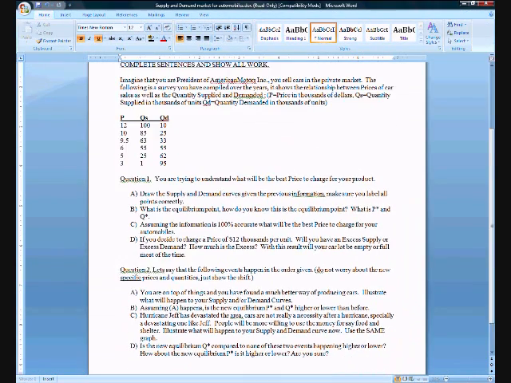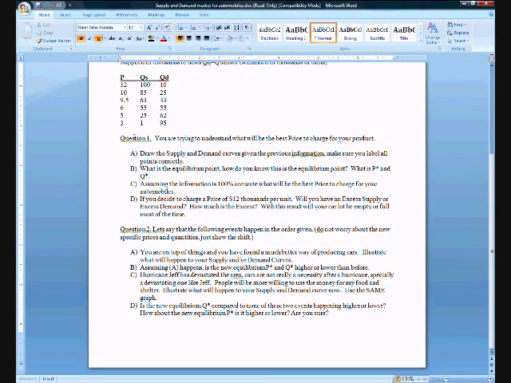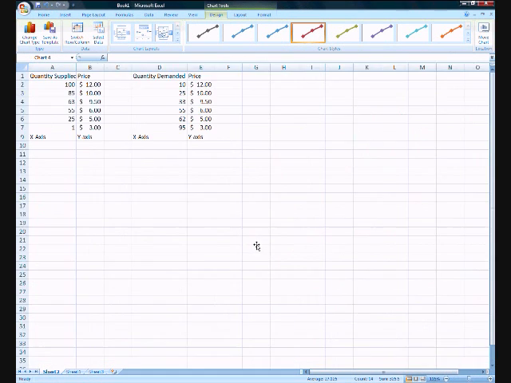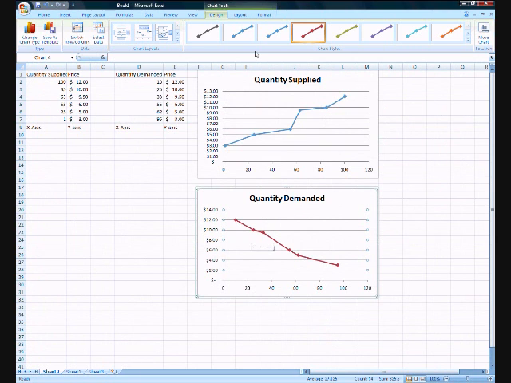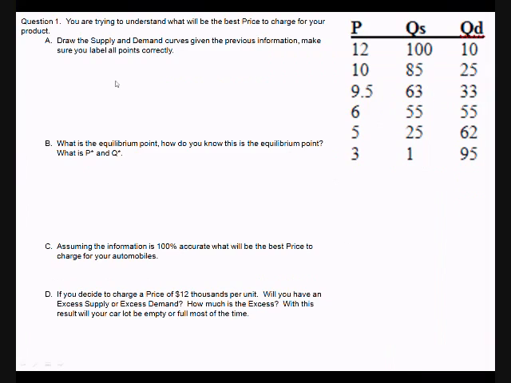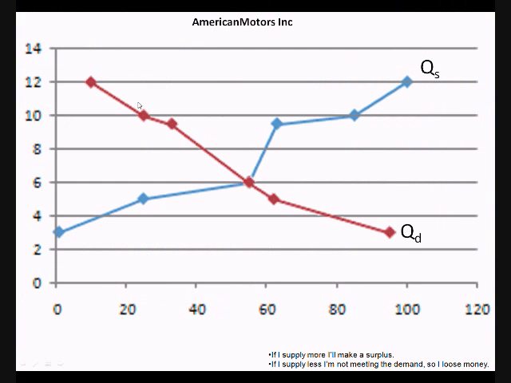So in question 1, you're trying to understand what will be the best price to charge for your product. Draw the supply and demand curves given in the previous information, and make sure to label all points correctly. So basically we just did that here on Excel, and of course these two graphs will be on one graph, so I combined the graphs together, and this is what happens. We're looking at the same exact thing as before.